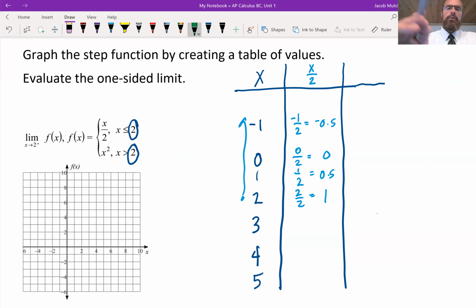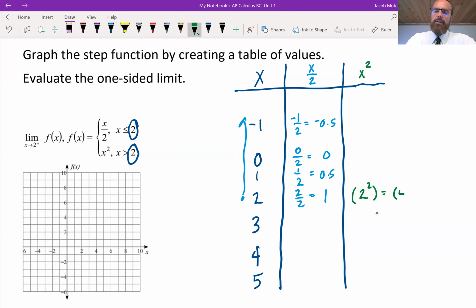So the other function is x squared, the parent function for quadratics. And it really doesn't ever equal 2. Notice that it's strictly greater than 2, but the trade-off is right there. So I'm going to pretend like I'm going to evaluate 2 squared, and that's 4.